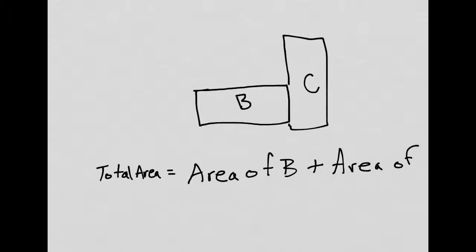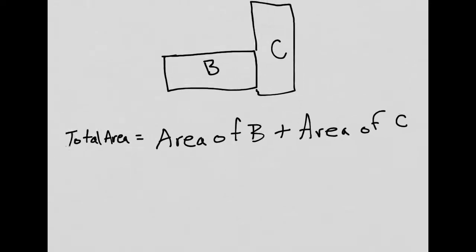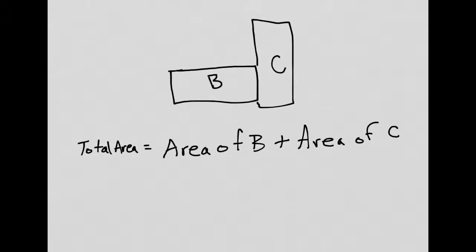Alright, now what I can do is start plugging in some numbers here. Let's say that this rectangle, I'm just going to say square units for now, is 2 units high and 5 units wide. And then this one is 3 units wide, and let's say 7 units high.